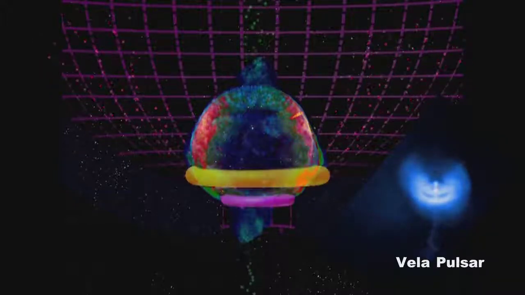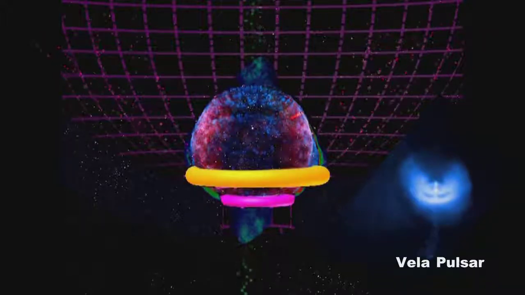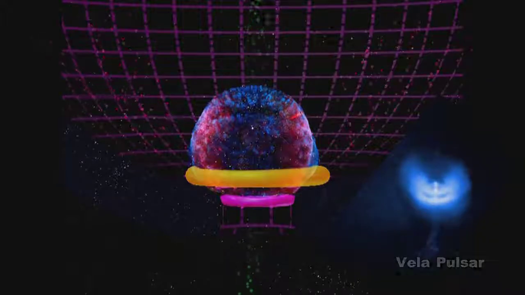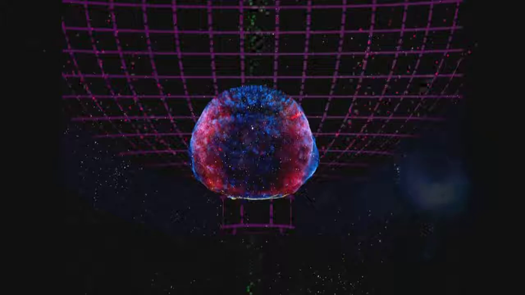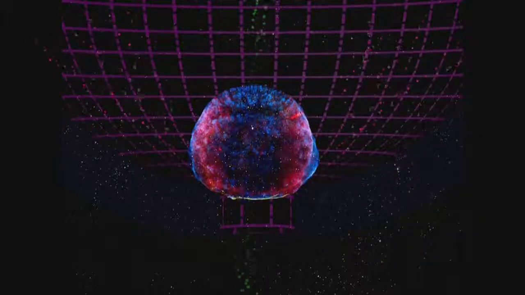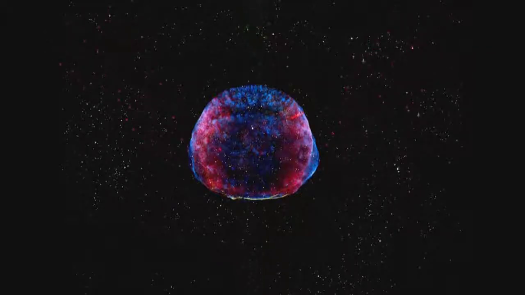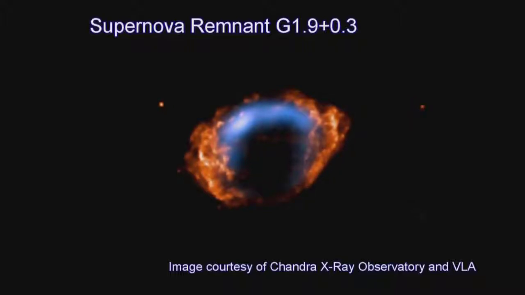Notice that this matches the flows that we saw earlier in the Vela pulsar. Then we have this very interesting supernova remnant. I will just let the images do the talking.